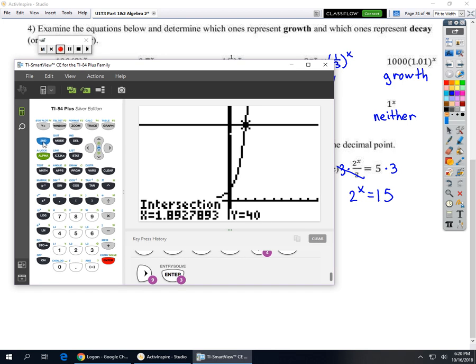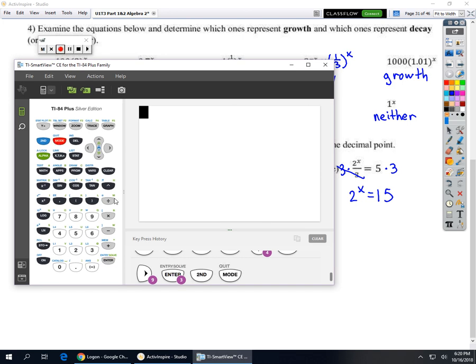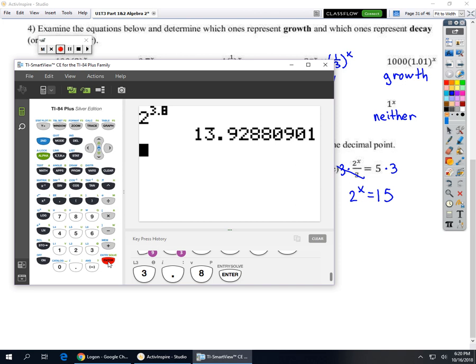So again, here's where I could test a bunch. I could do 2 to the 3 point something. Let's try 3.8. No, I want it to get to 15, so 3.9. 2 to the 3.9.